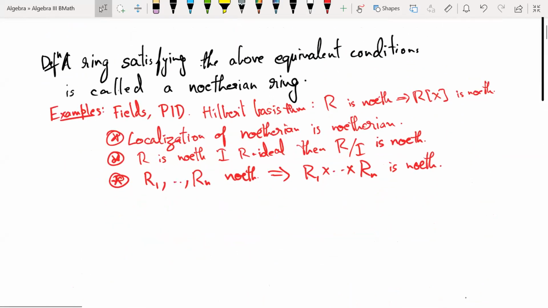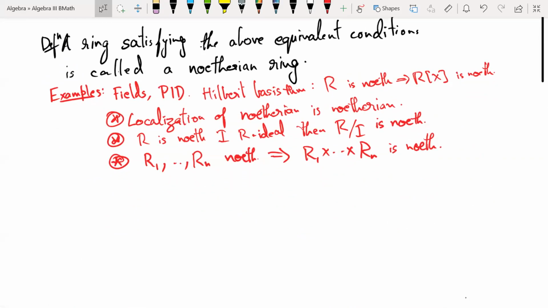So let's see. Localization, these things just come out by looking at how the ideals behave.